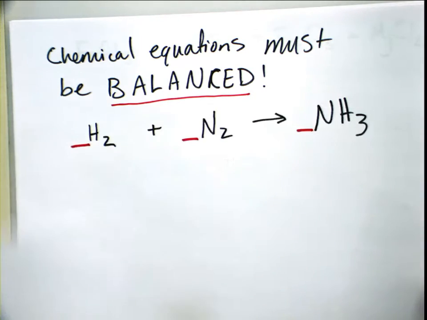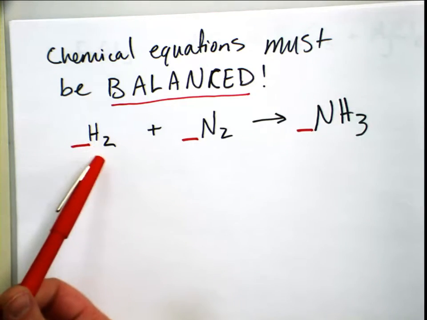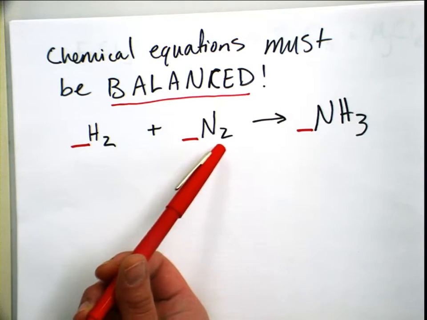The first step to writing a balanced chemical equation is to write the correct symbols for each molecule or ionic compound in the equation. For instance, to write the reaction between hydrogen and nitrogen to yield ammonia, we have to remember that both hydrogen and nitrogen exist as diatomic gases, meaning they have a subscript 2 behind them.